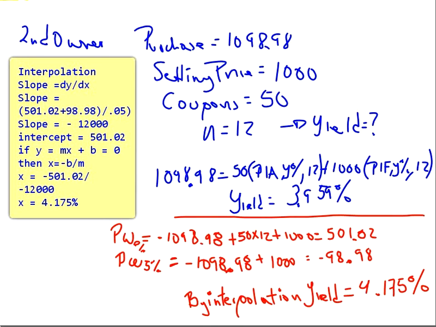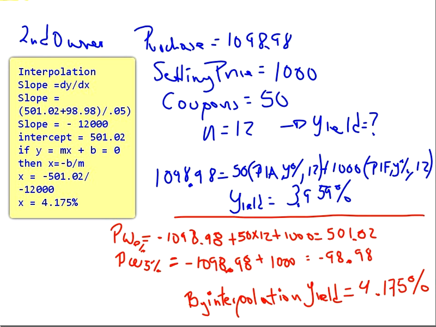Alternatively, if we discount it at 5%, then the value would be negative $98.98 because the instrument was designed to be worth $1,000 if it's discounted at 5%. Now we have 2 points, a point at 0% on the present value and another value at 5% present value.